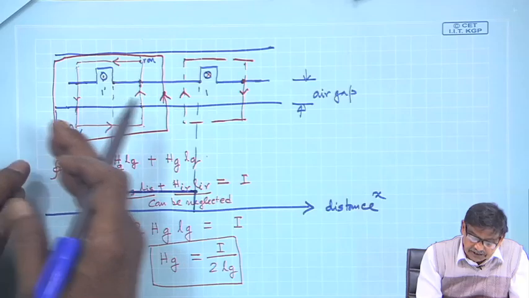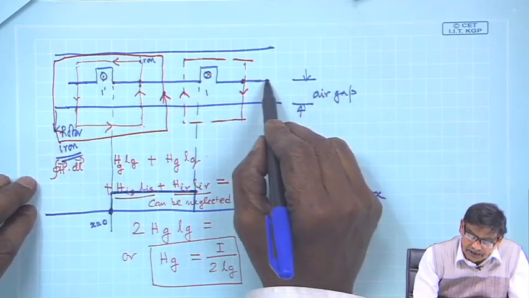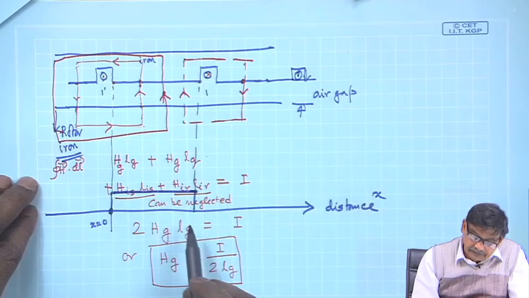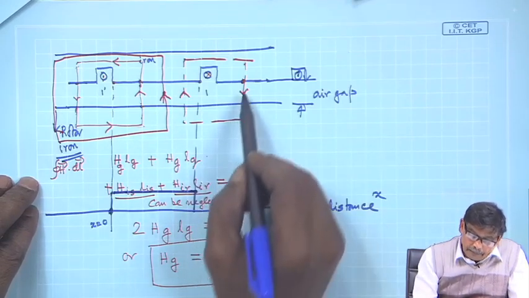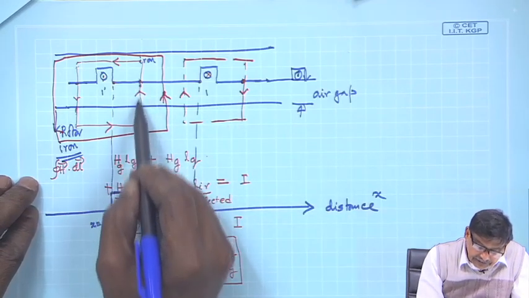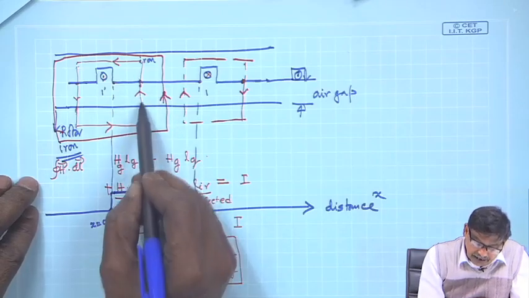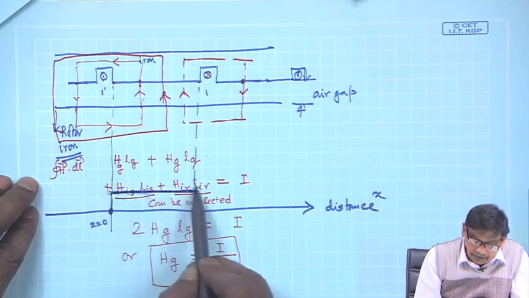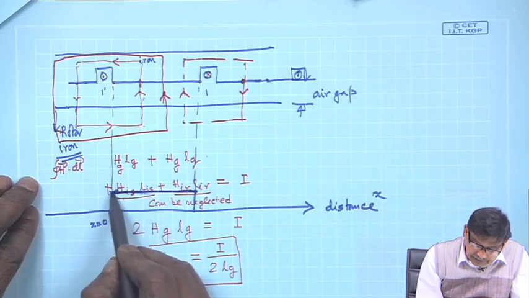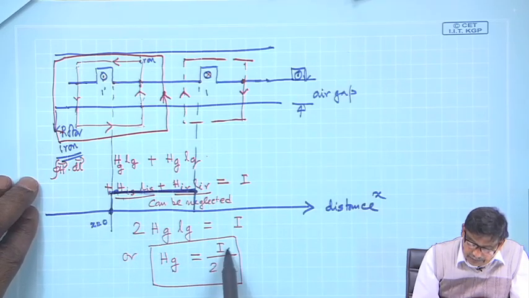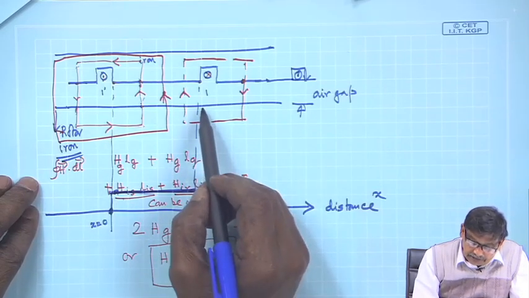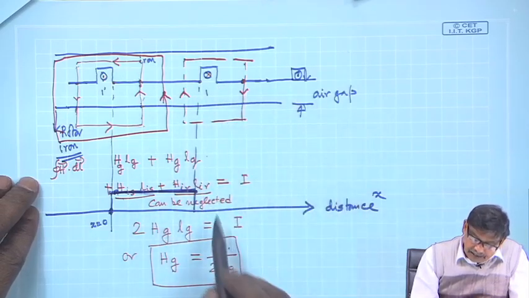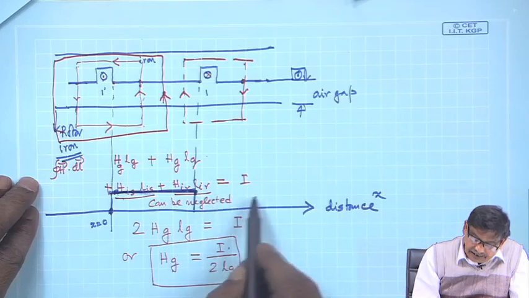Because it is a rotating machine, eventually once again a dot will appear here. But if it is south pole here, which I have shown by positive in this plot, what is the strength? This is Hg, I by 2 Lg. But between this to this, it will be negative.